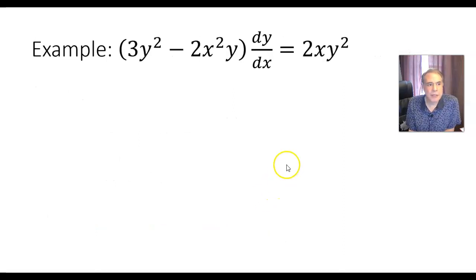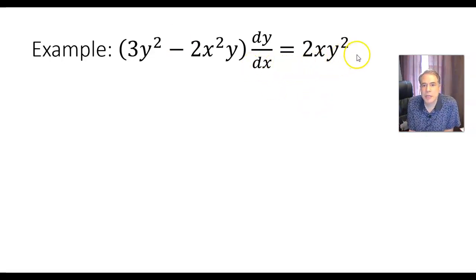How about another example? 3y squared minus 2x squared y times dy/dx equals 2xy squared. Now this isn't set up the way we normally expect to see our exact differential equations, so let's rearrange things a bit.